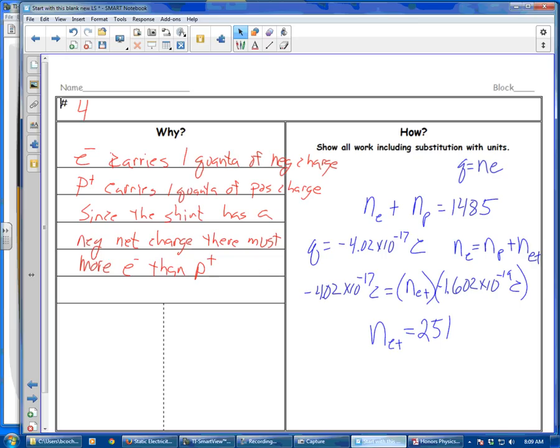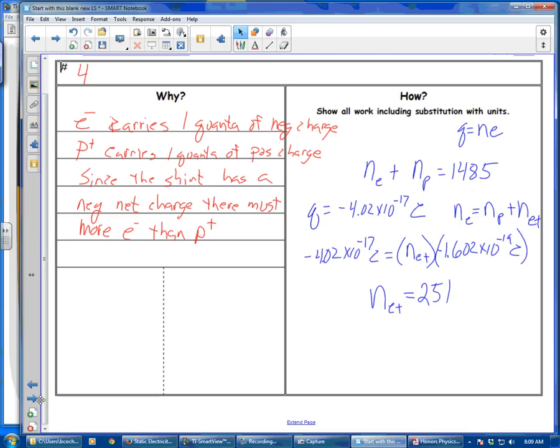So now I'm going to go back up and use that the number of electrons equals the number of protons plus 251.